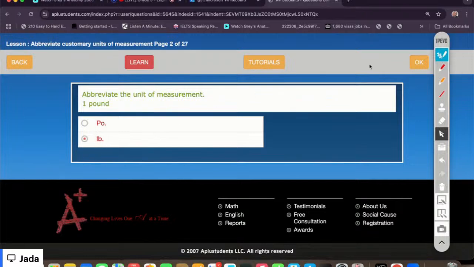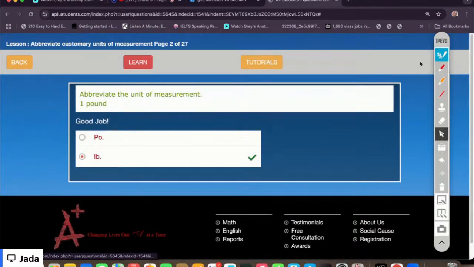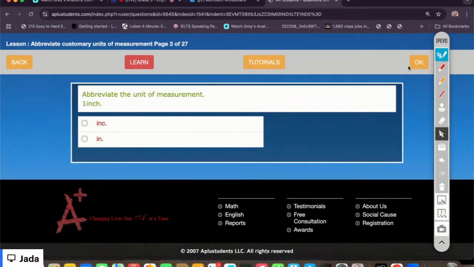All right, so pound is LB, correct? So 1 inch is what?